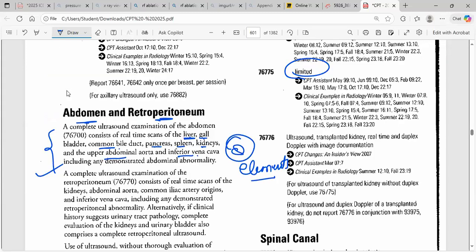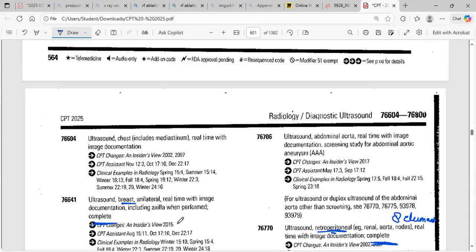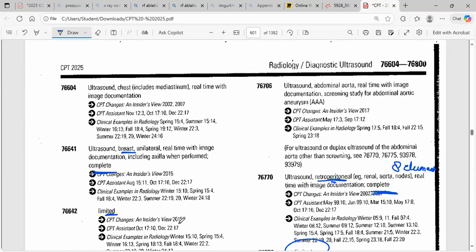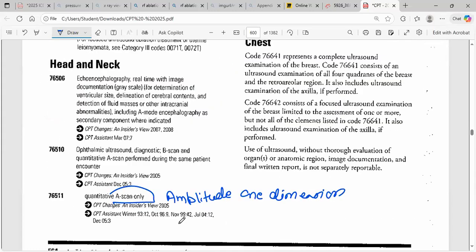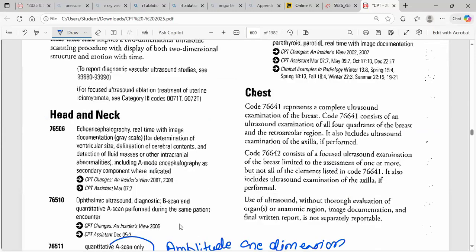Same we have in the breast: 76641 and 76642. And here we have the definition of complete and limited. You will consider it as complete if it reviews all 4 quadrants as well as the retroareolar region, and if any of the quadrants has been missed, you are going to consider it limited.